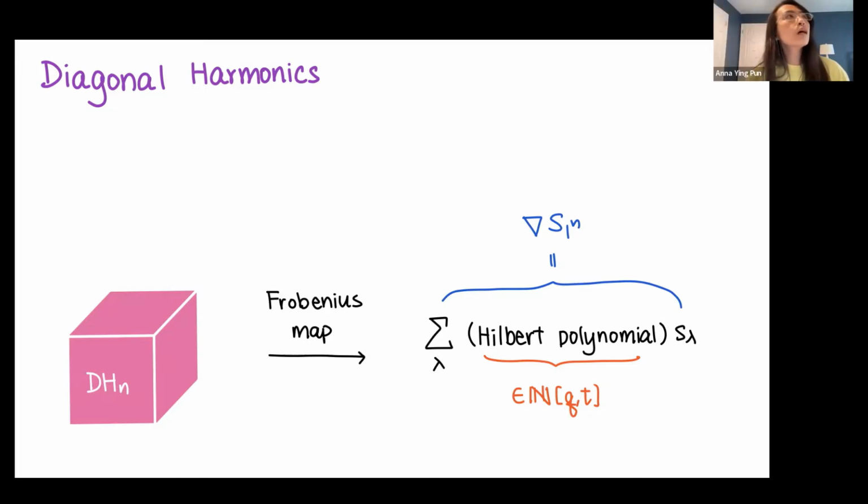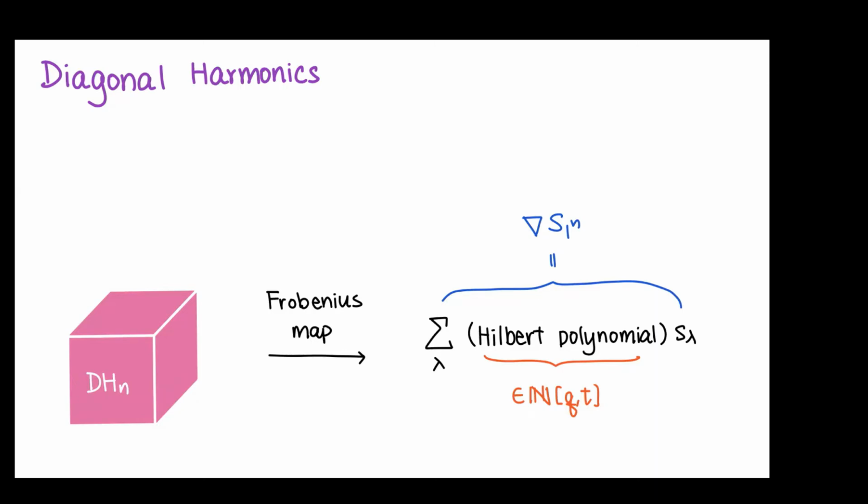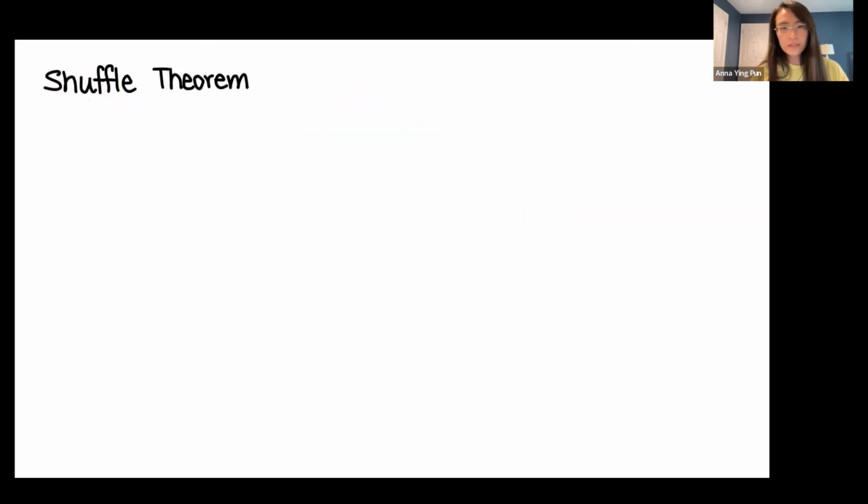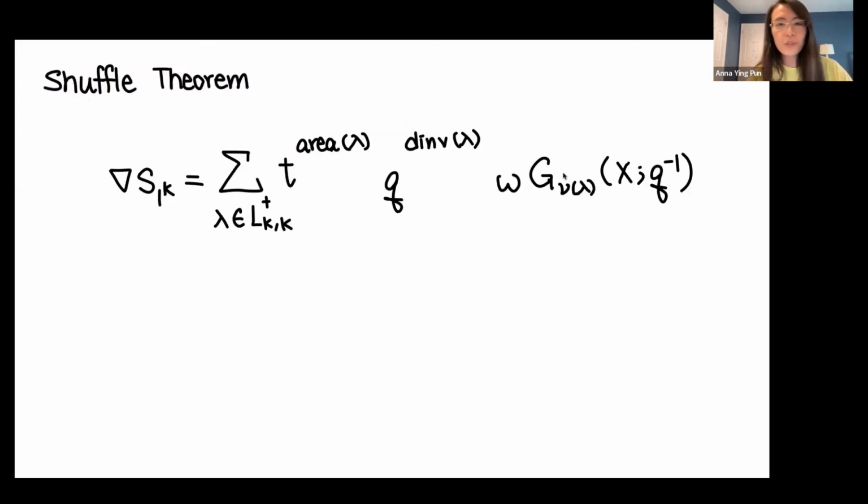Oh, you mean the chromatic quasi-symmetric functions? There will be some relation here. It's actually the next slide. So these guys, G here, are the LLT polynomials. The unicellular LLT polynomials are defined as a generalization of the Schur functions.